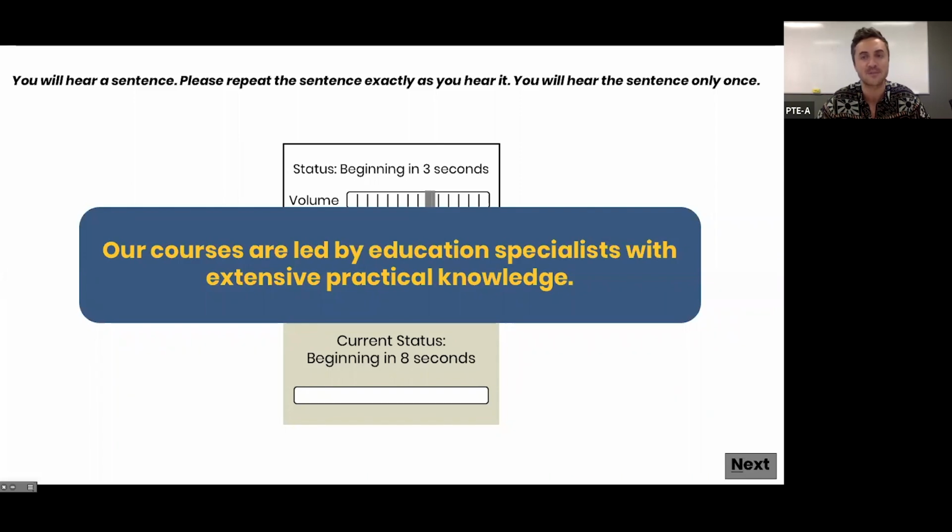You're memorizing phrases consisting of words, like a noun adjective phrase or a verb preposition phrase, something like that. So ultimately this is a language skill and partially a working memory skill. Any questions about repeat sentence here?